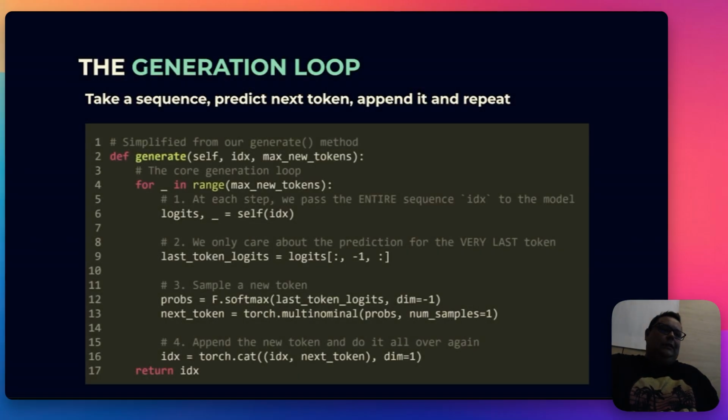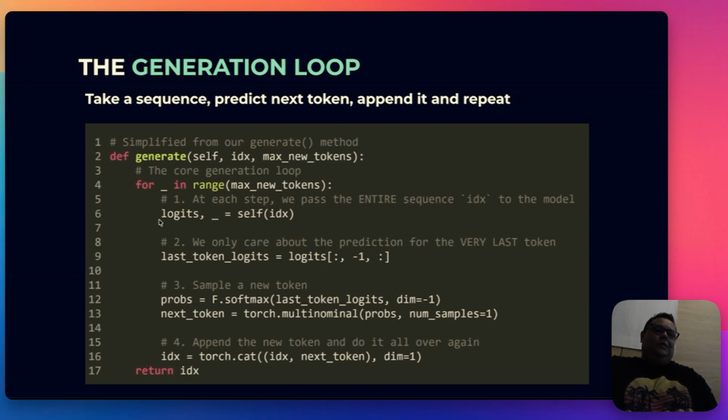So technically, again, what I already showed with the range of max new tokens in the for loop is that at each step we pass the entire sequence. This idx we're getting at the beginning is our sequence, so that's our prompt we're setting: "Was ist Kubernetes?" And we're requesting new tokens.